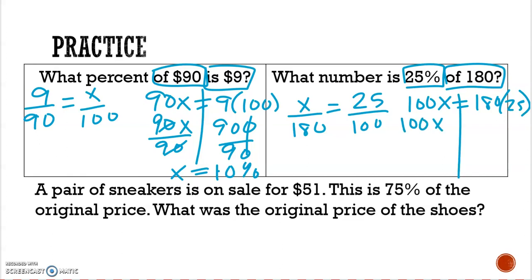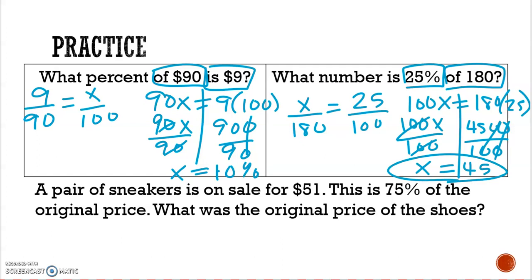We have 100x, and 180 times 25 is 4,500. Divide both sides by 100, and using my trick again, I'm going to cross those off. So really I just have 45 divided by 1. So that answer is 45. No percent sign on this one because the x was not in the percent spot.